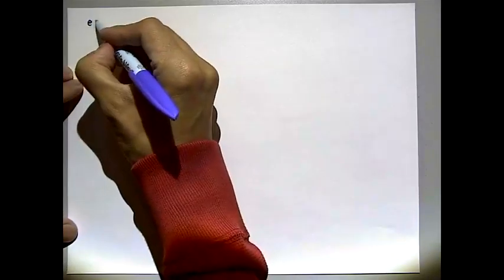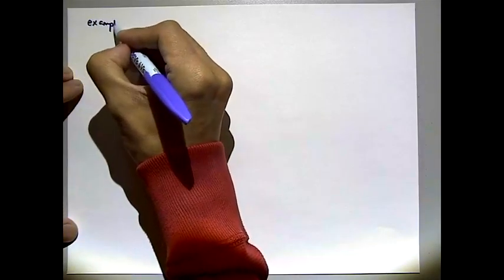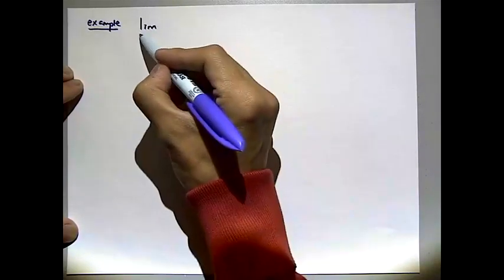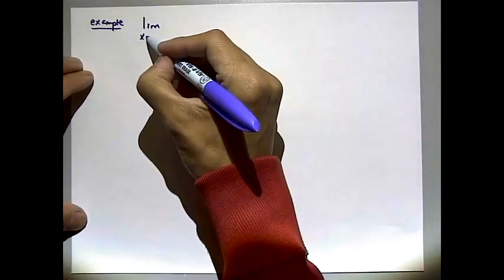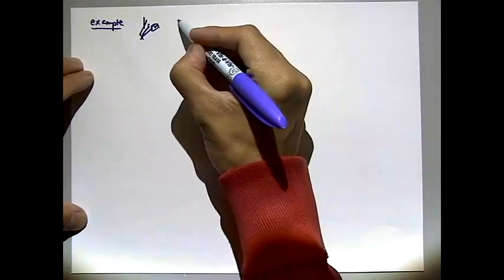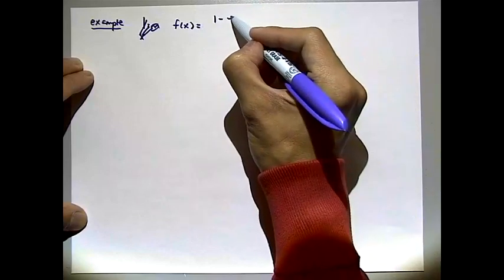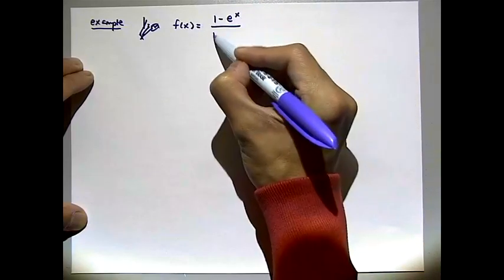All right, now when you encounter stuff with roots, remember, things are a little bit different. Actually, let's first look at an exponential case. Let's say f of x is 1 minus e to the x over 1 plus e to the x.